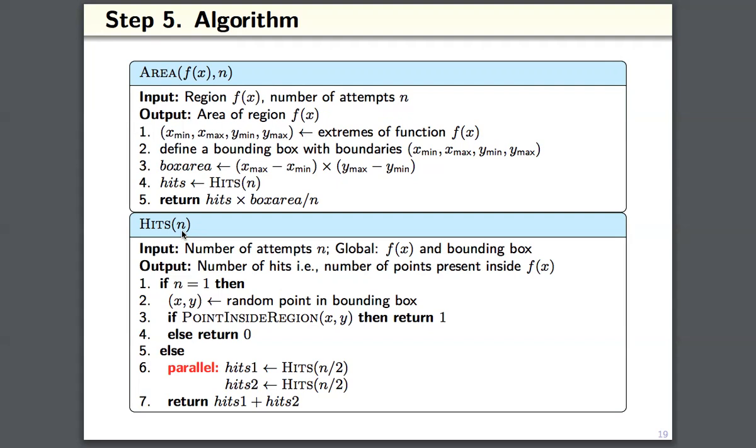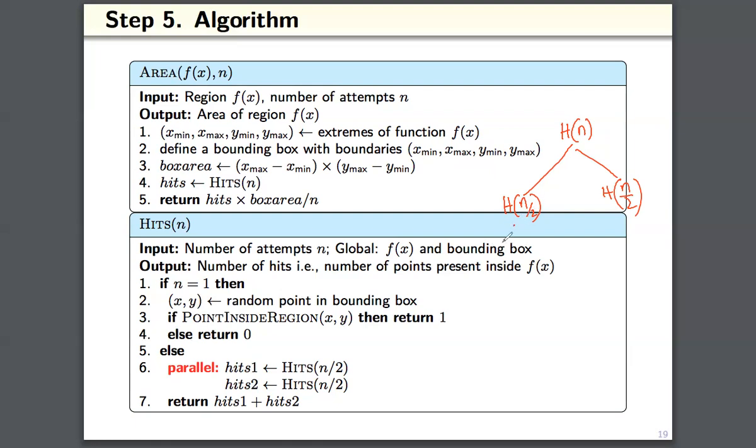What is the idea here? You call hits of n by 2, and hits of n by 2, because you just want to generate n random points. In parallel, the way it is implemented in the compiler will be like this.